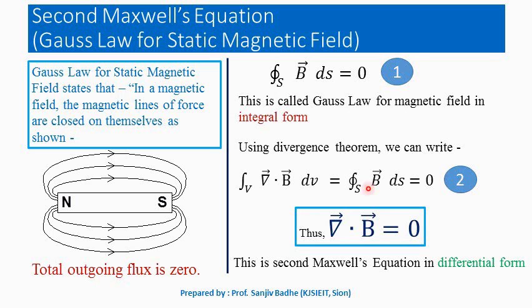So surface integral of B bar ds can be written as volume integral of divergence of B bar dv, and therefore we can write divergence of B bar to be equal to 0. So for static magnetic fields, divergence of B bar will be equal to 0. So this is Maxwell's second equation in differential form for static magnetic field.